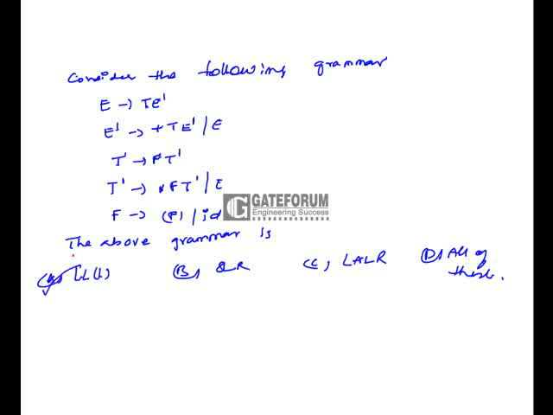So this is correct, and in LR0 and SLR1 parsing tables, we won't find any shift reduce or reduce reduce conflicts. So we can say that this grammar is SLR1. If it is SLR1, it is LALR1. So all these options are correct, which is option D.